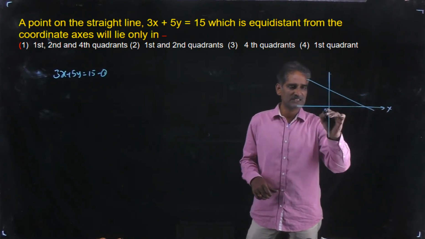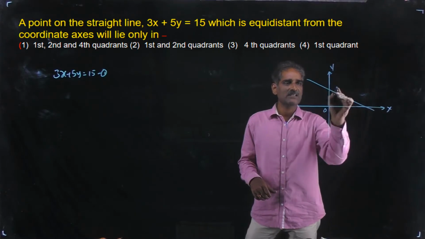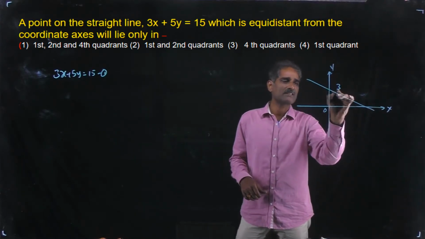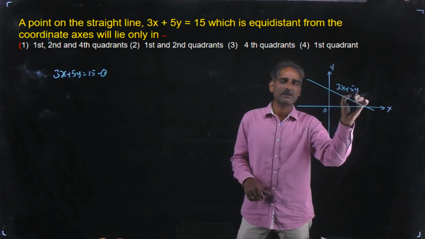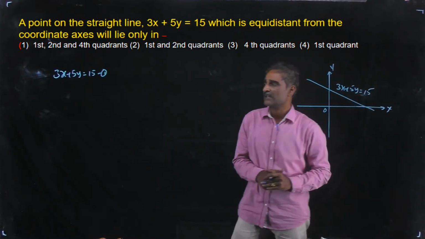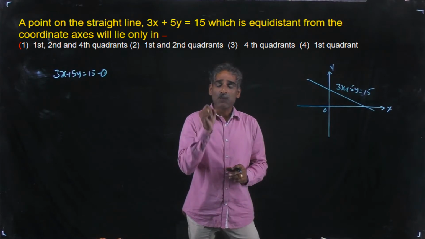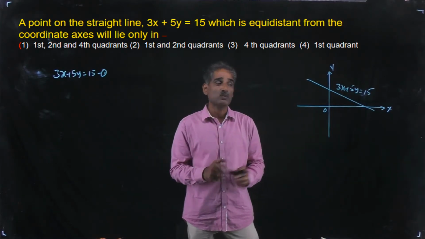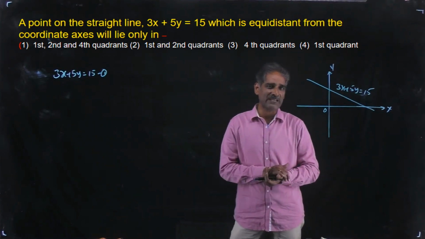This is the x-axis, this is the y-axis, and this is the line 3x plus 5y is equal to 15.